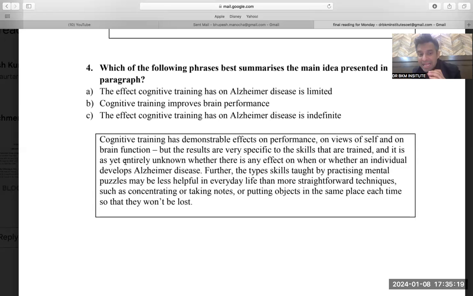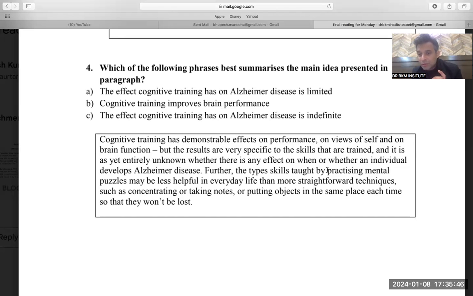And it is as yet entirely unknown whether there is any effect on when or whether an individual develops Alzheimer's. So that means cognitive training has no effect on Alzheimer's. This effect is unknown. It is yet unknown whether there is any effect of cognitive training on whether an individual develops Alzheimer's. That means we don't know.